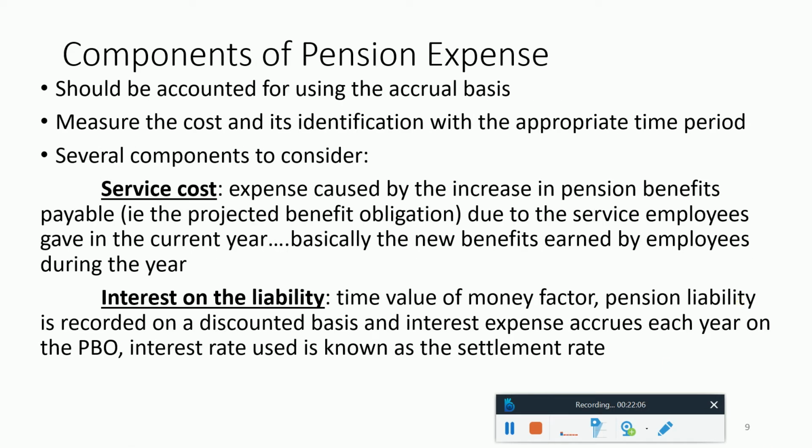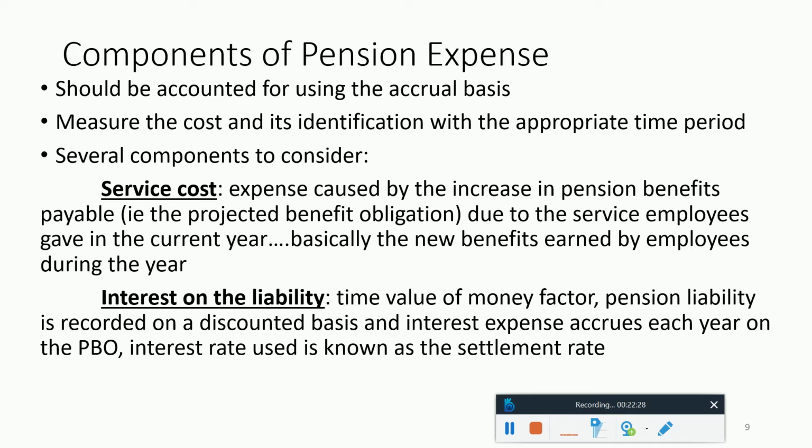So now let's move on and talk about the various components of pension expense. Like all other components of U.S. GAAP, it should be accounted for using the accrual basis. And what we're going to do is measure the cost and its identification with the appropriate time period.